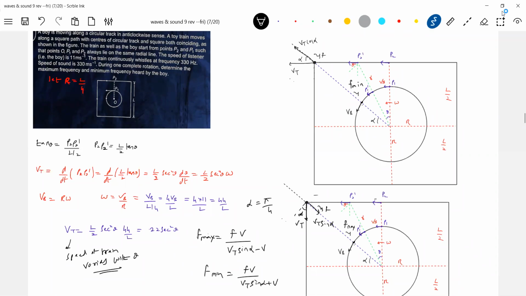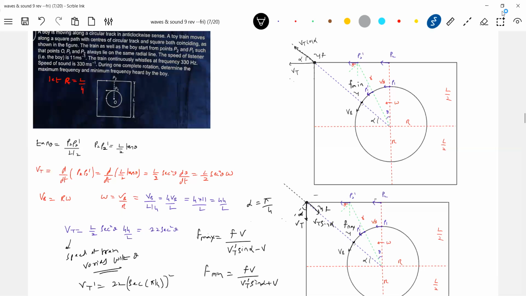So put theta equal to 45 degrees, then you are going to get the speed of the train at the corner, because theta has to be substituted. Theta should be 45 here. So what is Vt now? Vt dash, I'll write it, the velocity of the train at the corner, 2 VB secant.